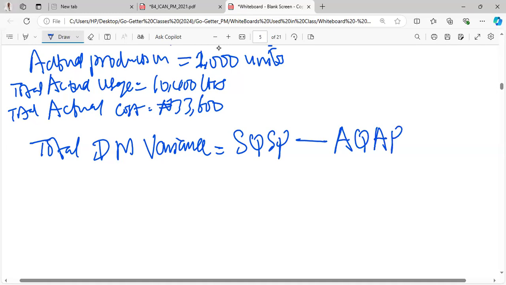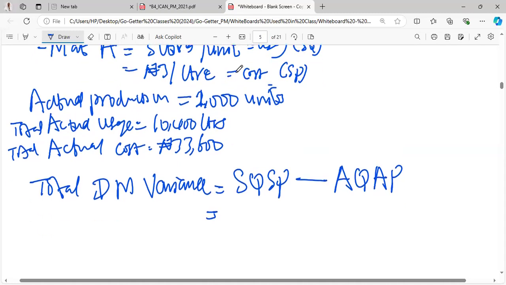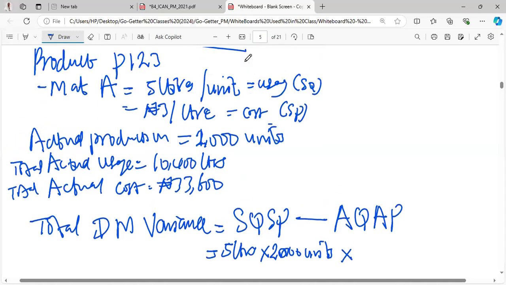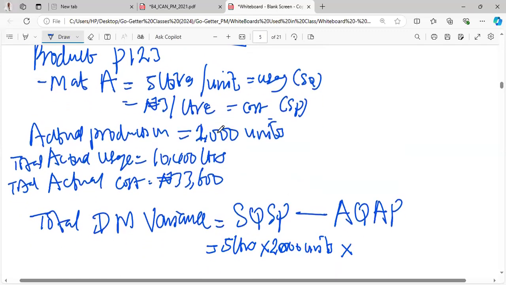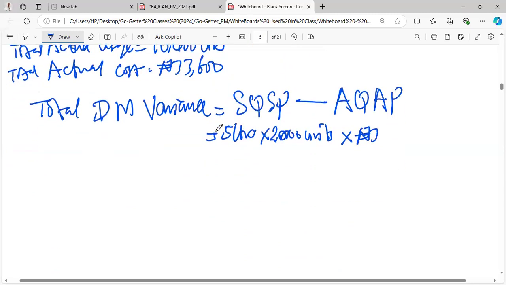The standard quantity for actual production is 5 liters multiplied by how many units were produced, because it is 5 liters for one, times 2,000 units, multiplied by the price of 1 unit, 3 naira. I'll be doing that one by one.